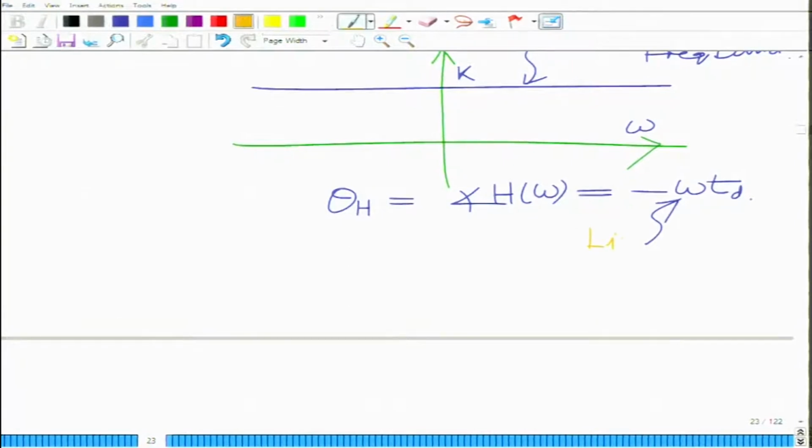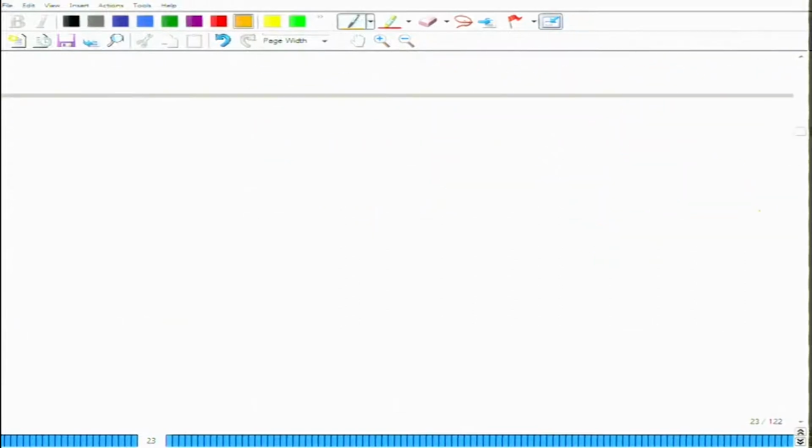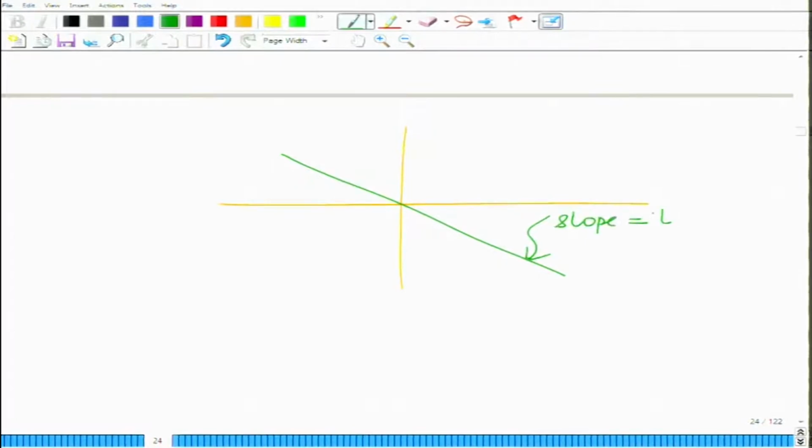Okay. So, its characteristic will be this, with slope equal to minus Td.